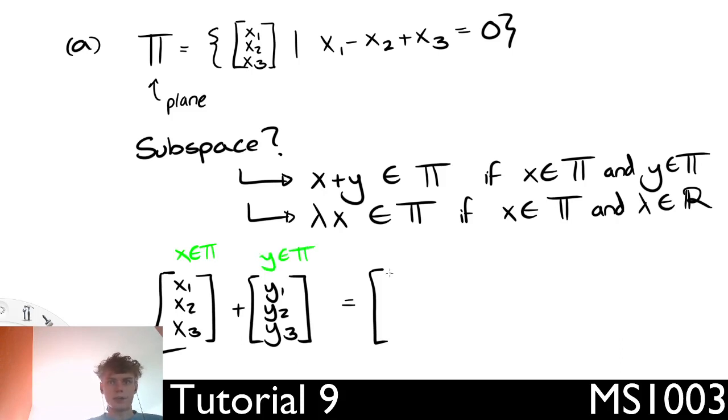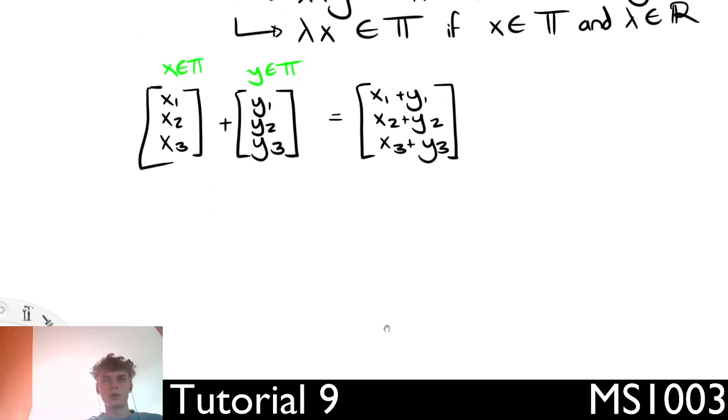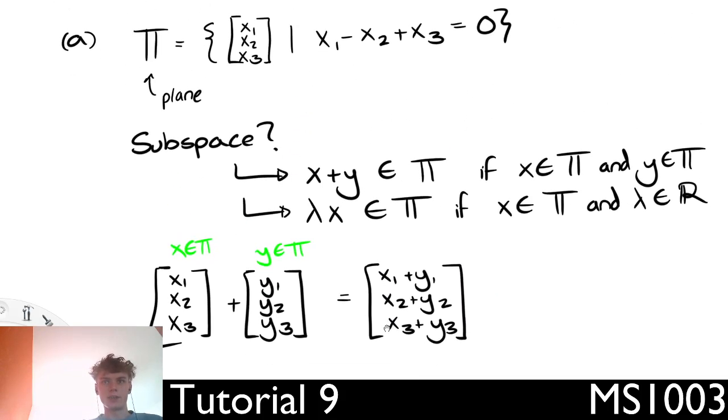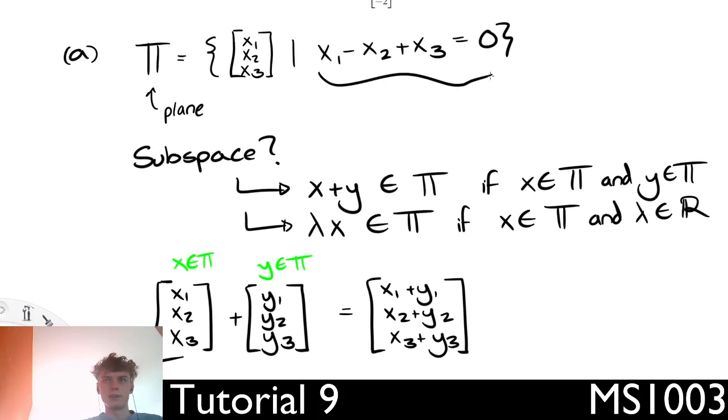We want to check that the resulting vector, x1 plus y1, x2 plus y2, and x3 plus y3, is in the plane. So how can we check that? Well, we need to check that this condition holds for this vector here.